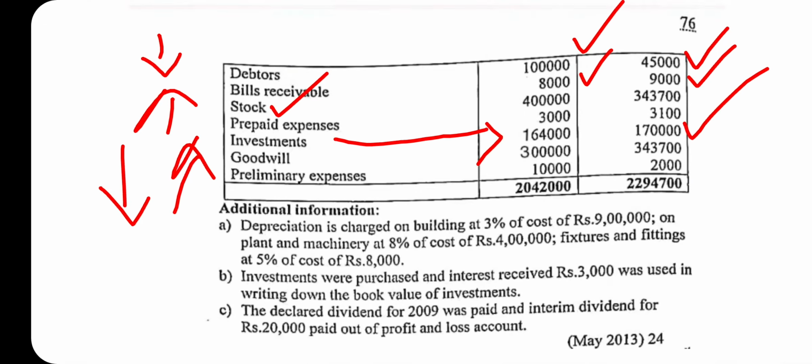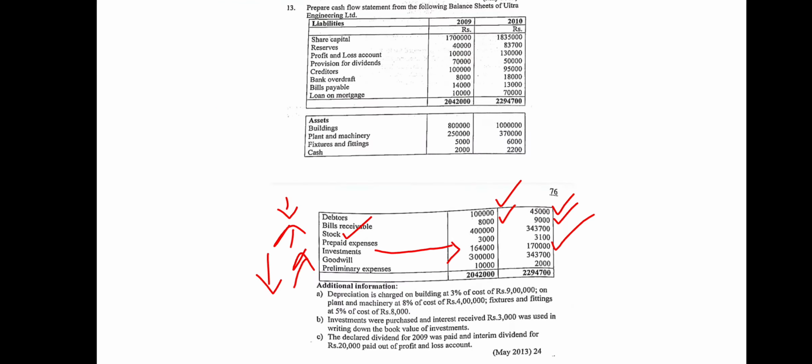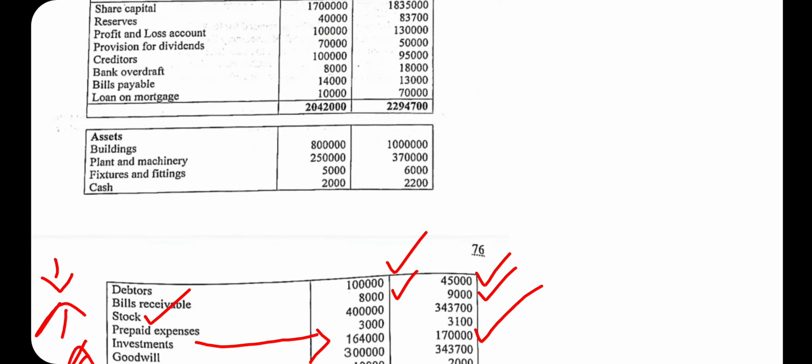And also we are having the adjustment, investment were purchased and interest received rupees 3,000 was used in writing down the value of investments. So regarding investment, we are having the opening balance, closing balance and the amount of interest is given.